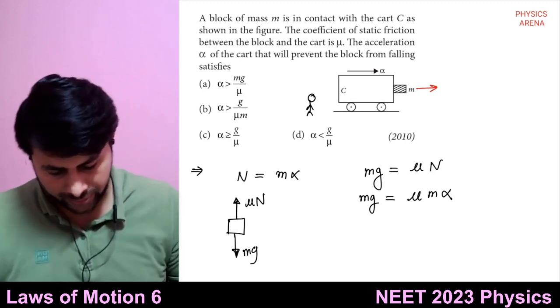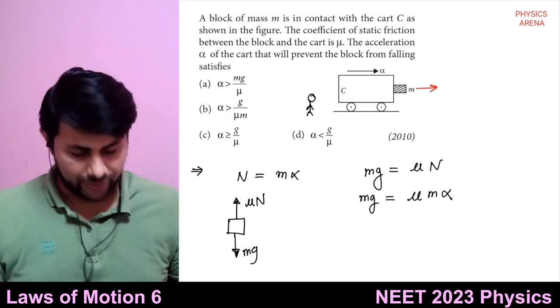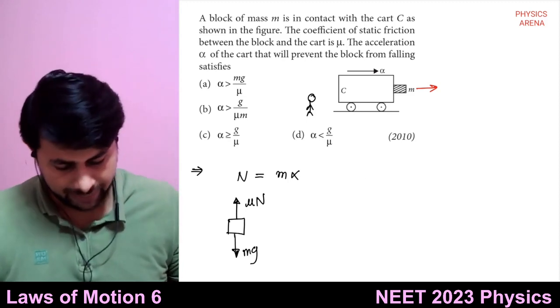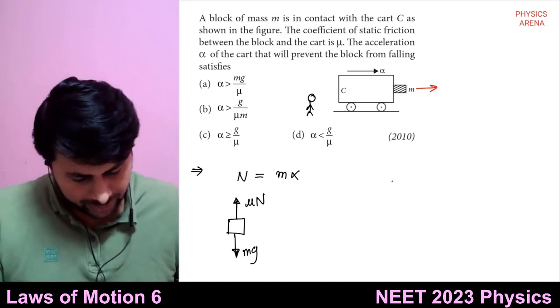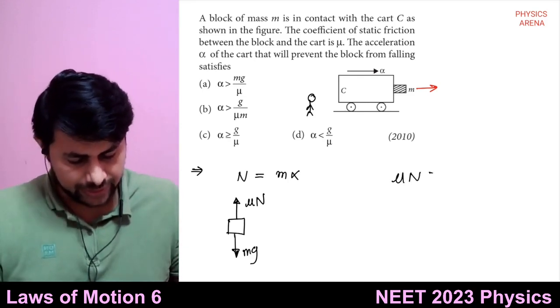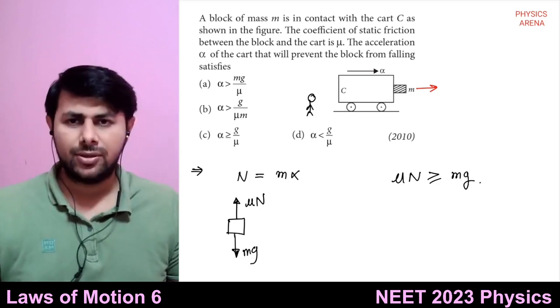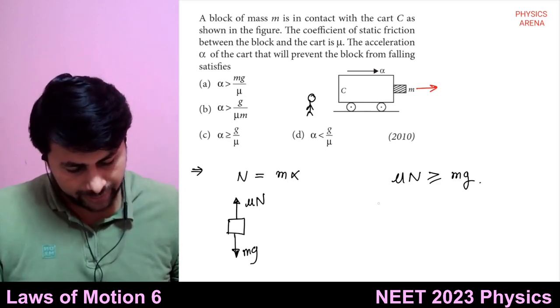Here, if it doesn't fall, then the maximum friction should be greater than or equal to mg. So mu times N is greater than or equal to mg, and now we substitute N equals m alpha.